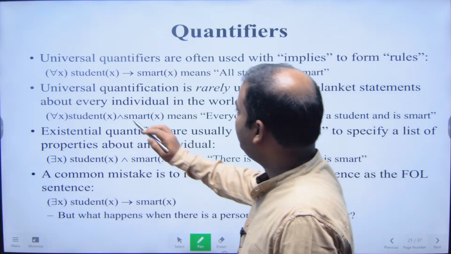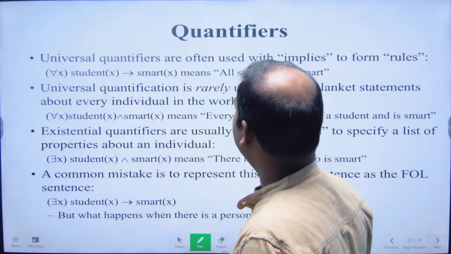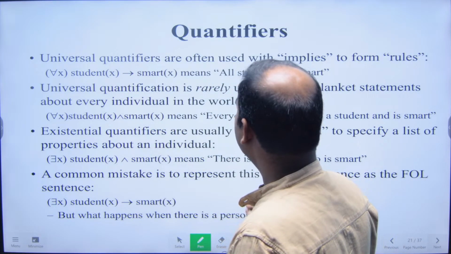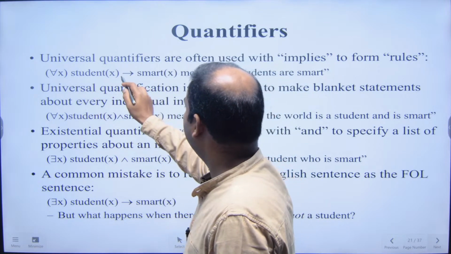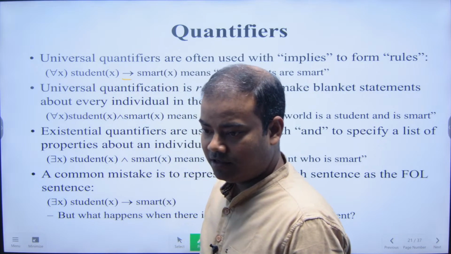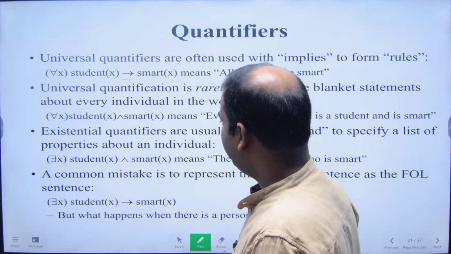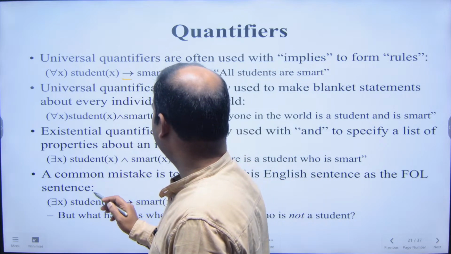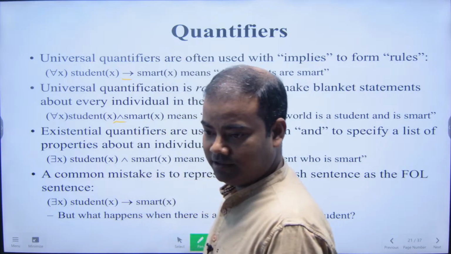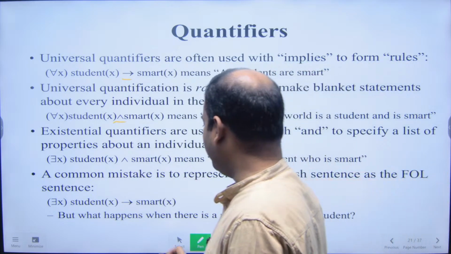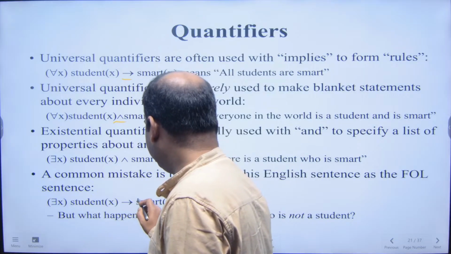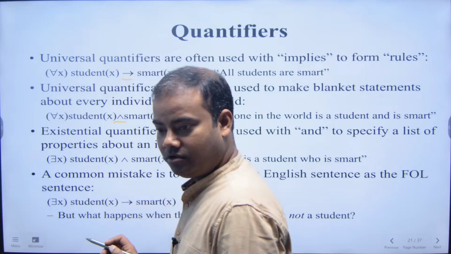So from these examples we have understood that universal quantifiers are often used with the arrow sign, okay, and with there exists we use the and sign, and with there exists the arrow is not used.